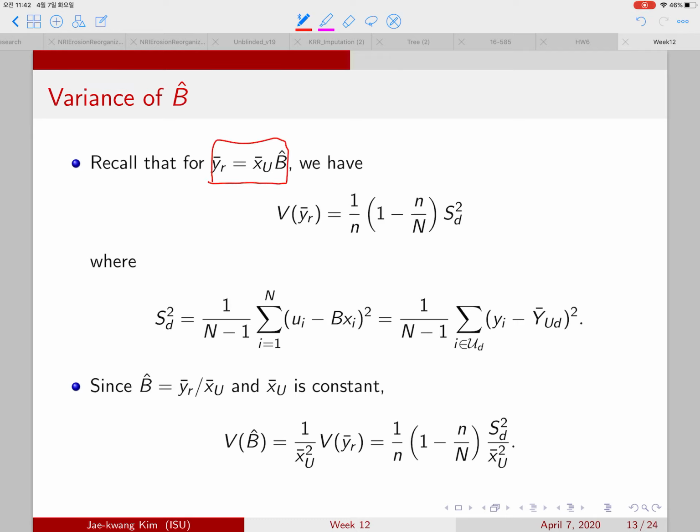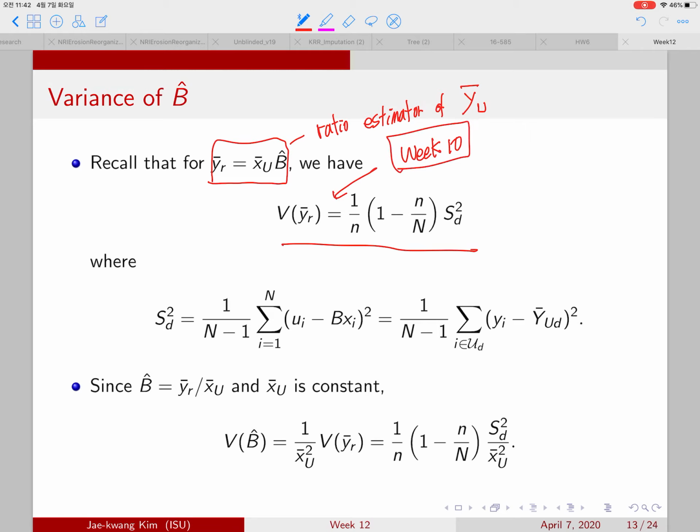This is the ratio estimator of y bar, and we know the formula already from week 10.